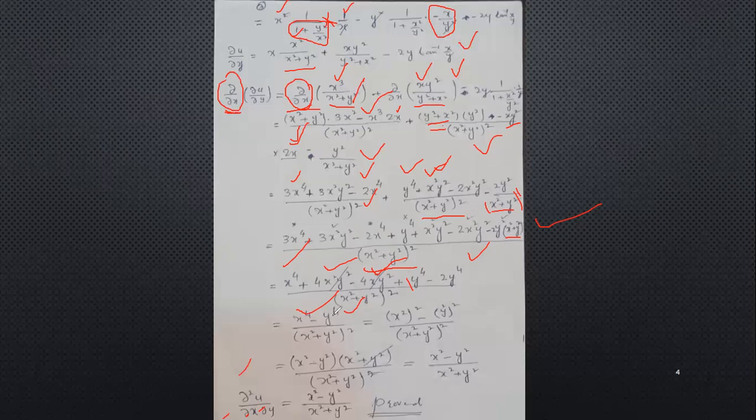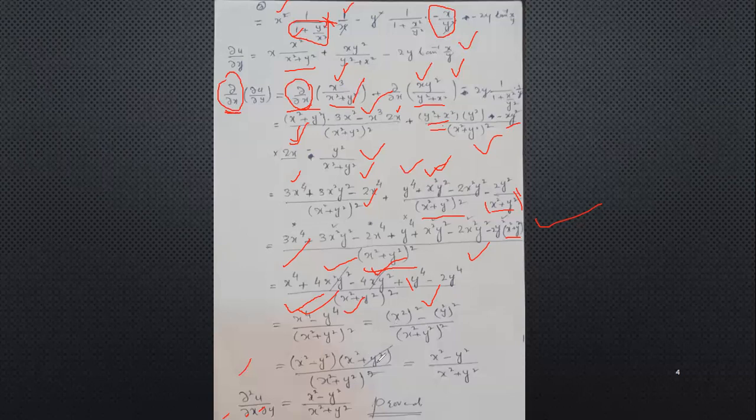Now we use the factor formula here because we have a minus. We can make a complete square of the first term as well as the second. So after using the factor formula, in the numerator we get x square minus y square into x square plus y square, divide x square plus y square whole square.